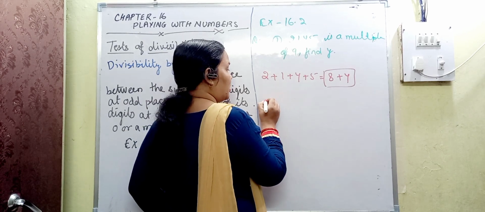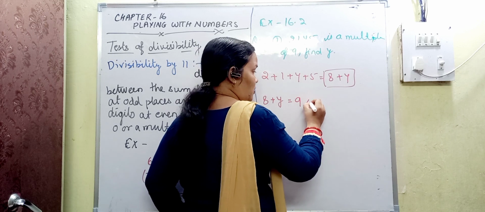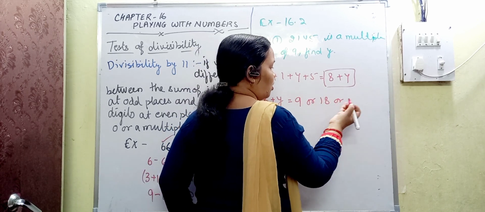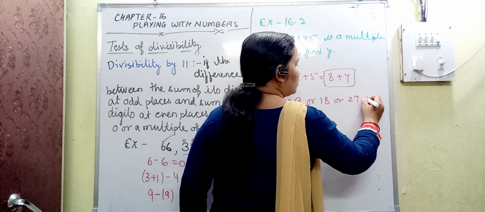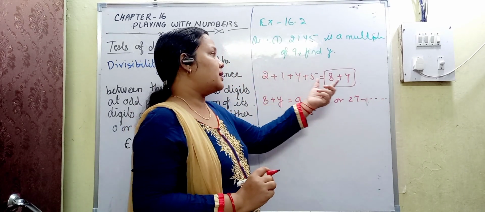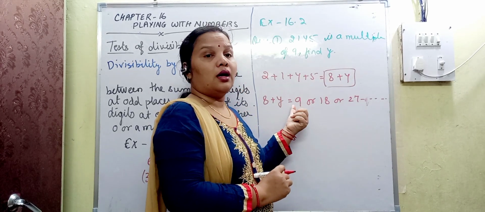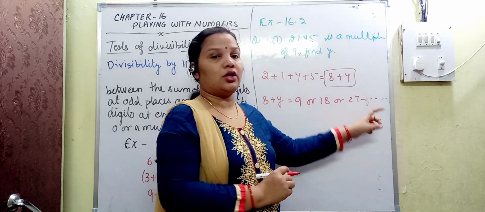So according to it, we can write 8 plus Y is equal to 9 or 18 or 27 and so on. Because this number is divisible by 9, the sum of these digits can be 9, 18 or 27 or any such multiple.